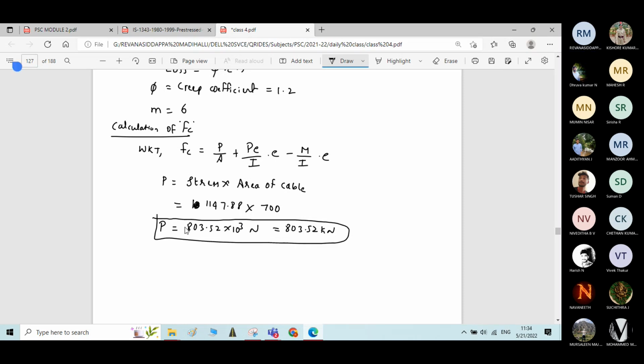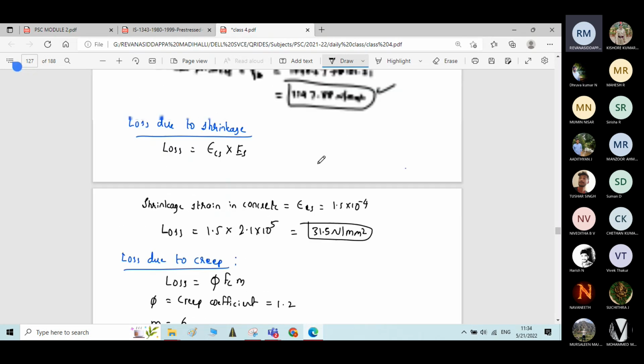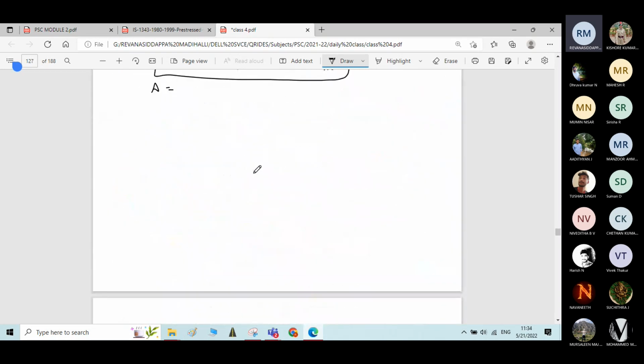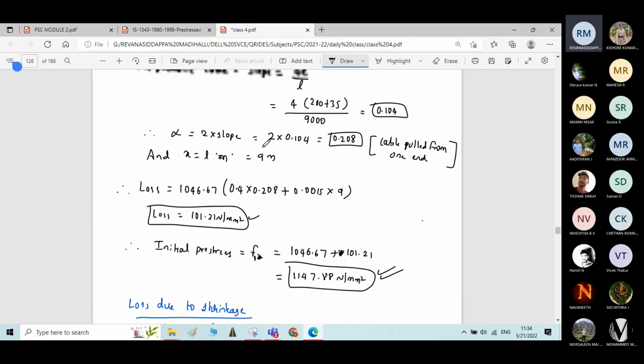Now you got the P. Then area of cross section A: the sectional dimensions are given. What are the sectional dimensions given? 250 by 300, or 500, it is.